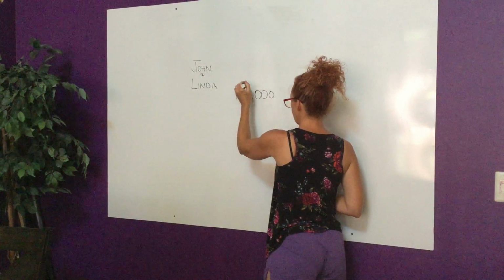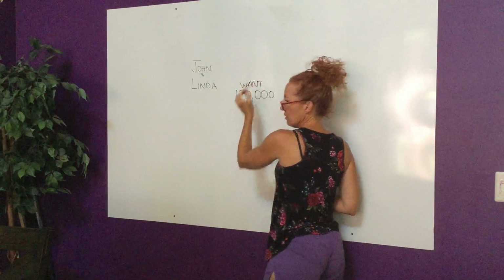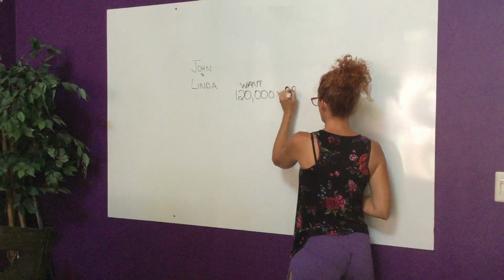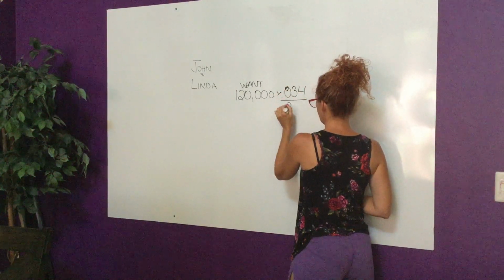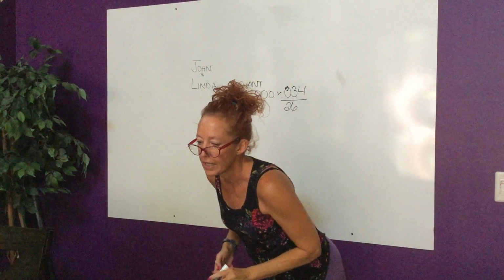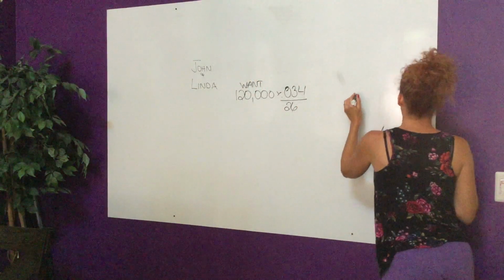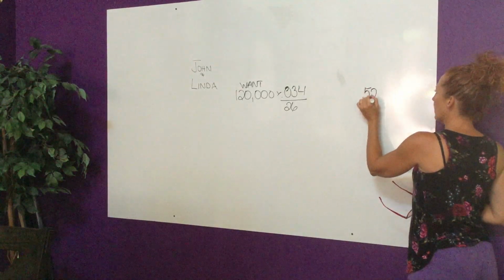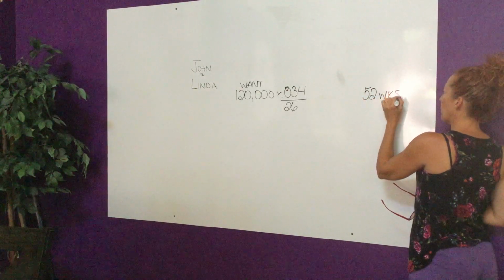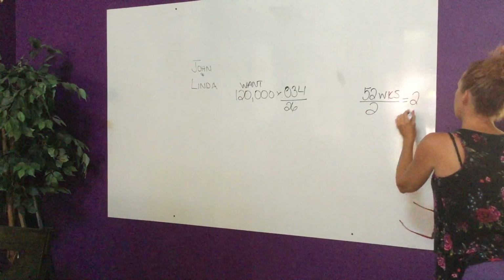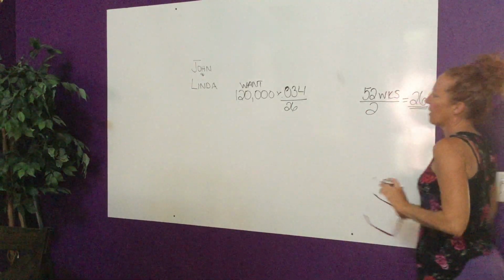We want this much, and this is our rate, and it's 26 because it says bi-weekly. So that means every 2 weeks. So if there's 52 weeks in the year and you get paid every 2 weeks, that's 26 times.